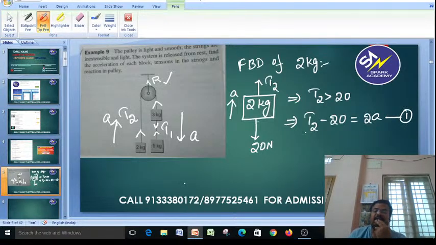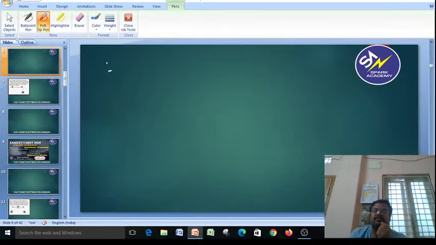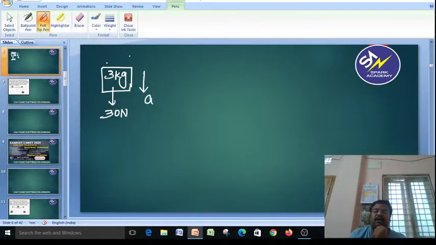Next, another block, the 3 kg block, I am taking here. For this 3 kg block, the weight of the block acts in the downward direction, that is 30 Newton, and the acceleration of the block exists in the downward direction.